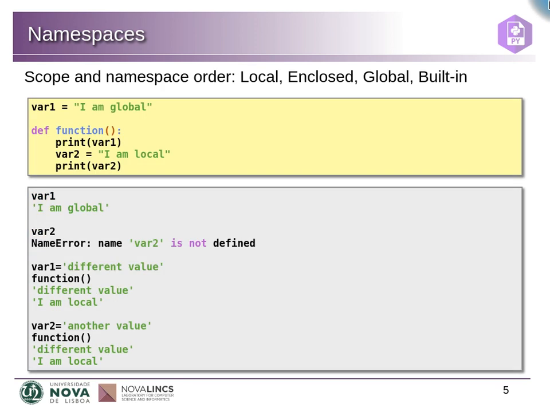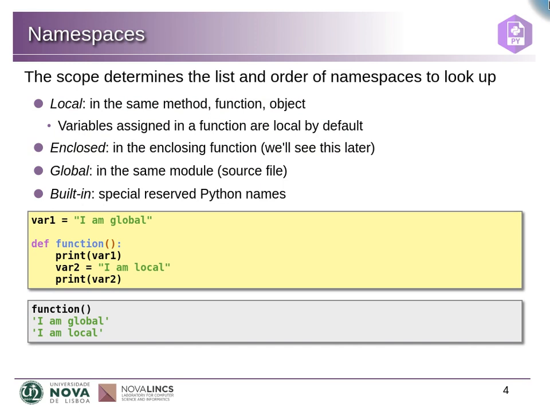If you try to call var1 outside, this exists in the global namespace because we ran the whole script, so we have access to var1, but we don't have access to var2. This only belongs to the function, so from outside the function we cannot get that, because the ordering is always from local to wider range.